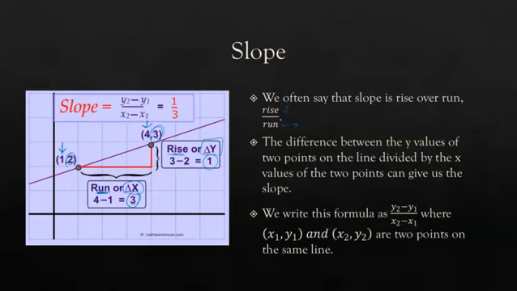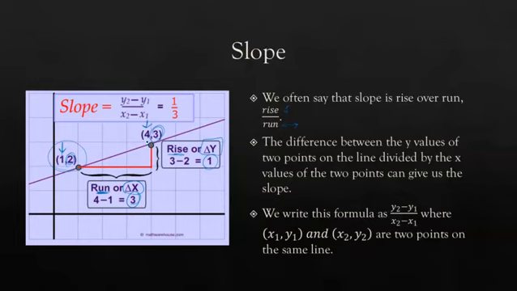So our formula is y2 minus y1 over x2 minus x1. And all that's saying is that we have a point on the line, (x1, y1). In this case, it was (1, 2). Our x1 was 1, and our y1 was 2.